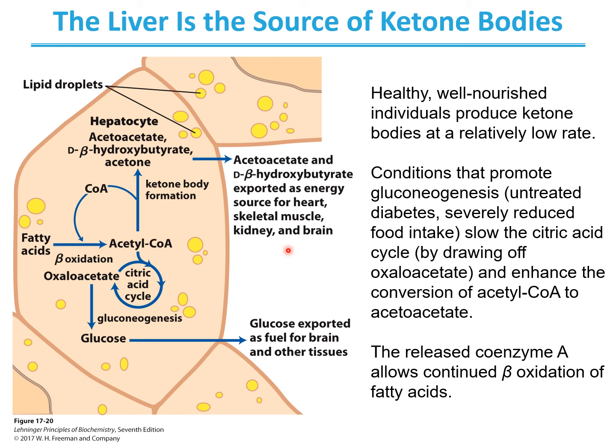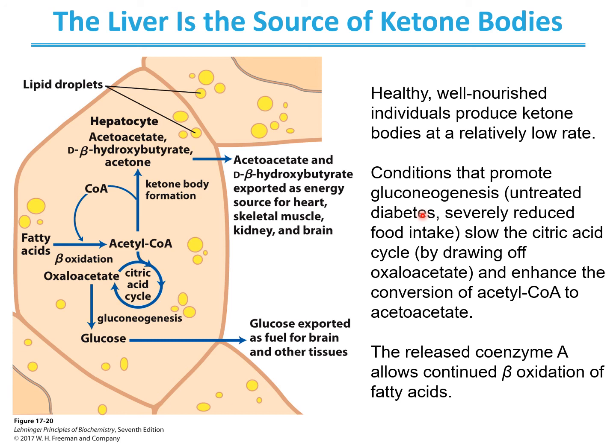Now, what are the conditions in which the citric acid cycle is not functioning and acetyl-CoA can't enter the cycle? When oxaloacetate is low. Under normal conditions, this is all fine, and acetyl-CoA goes into the citric acid cycle. But under conditions that promote gluconeogenesis, i.e. untreated diabetes, there's low insulin.